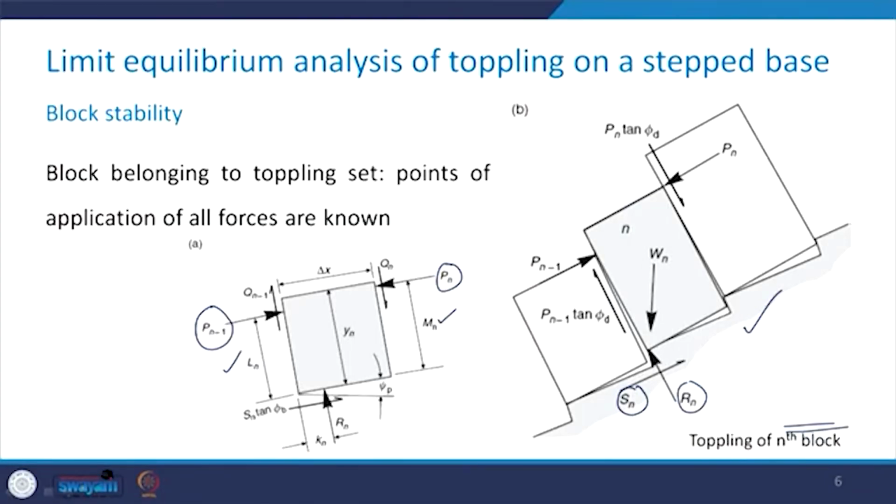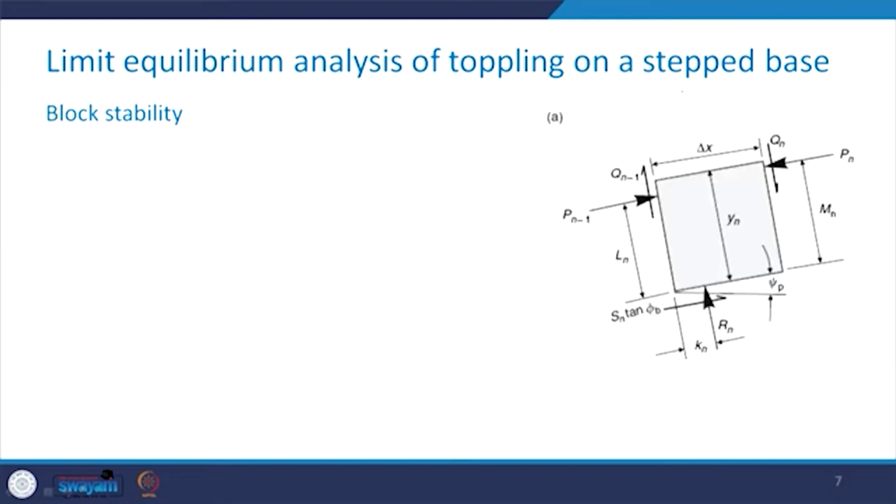So this is the figure again showing the toppling of the nth block, and then these forces are there, Rn and Sn and Pn and Pn minus 1, and here you have Qn and Qn minus 1 which have been represented in terms of Pn and phi d.